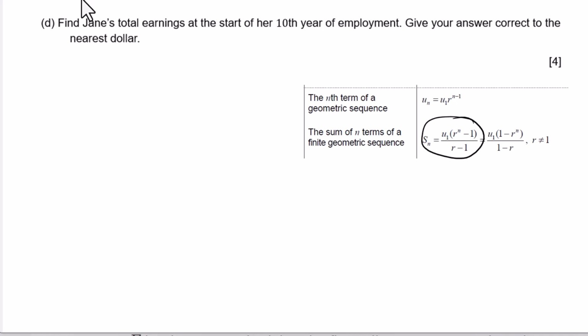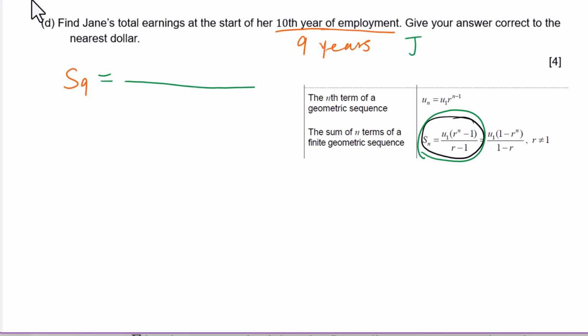Find Jean's total earnings at the start of her 10th year of employment. 10th year of employment, which means Jean has worked 9 years. So we are looking for S sub 9 instead of S sub 10. We will use this formula. S sub 9 equals, we already know G sub 1 equals $70,000.